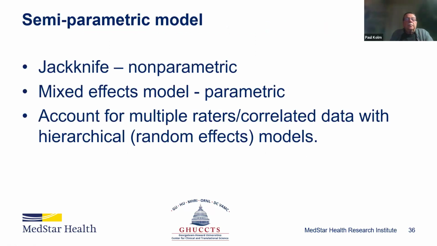And so this is actually what we call a semi-parametric model, where we've used a non-parametric jackknife to estimate variance and means. And then we use a mixed effects model, which is a parametric test. And this accounts for multiple raters, with, we have correlated data here, obviously.